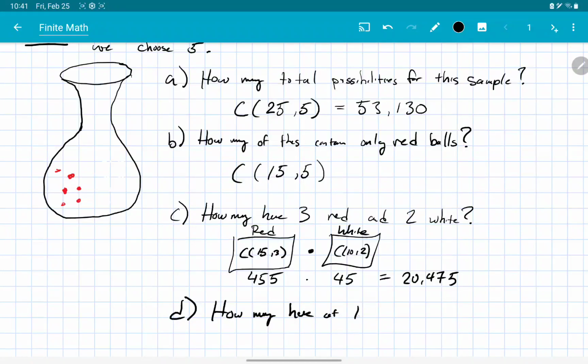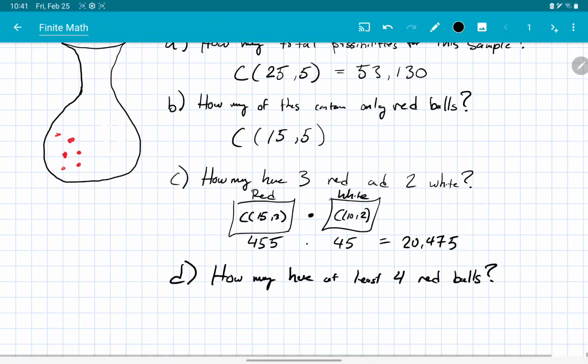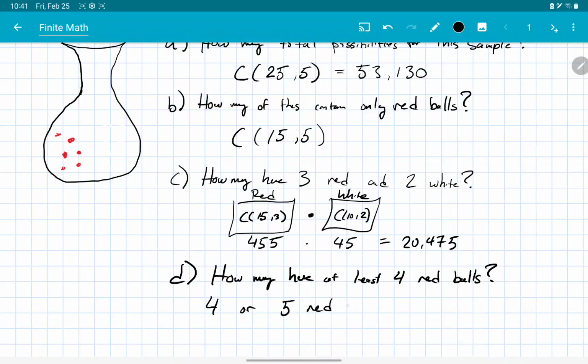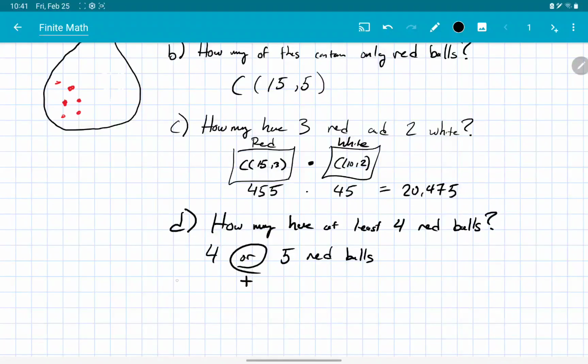have at least 4 red balls? Okay. At least 4 red balls means 4 or 5 red balls. And when it's an or, we're going to add them together because it's not a choice. So the 4 red balls would be 15 combination 4.